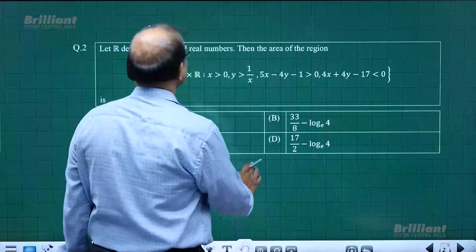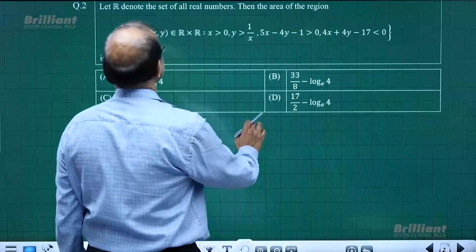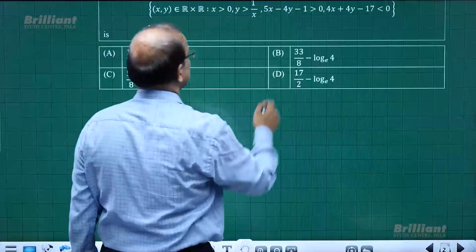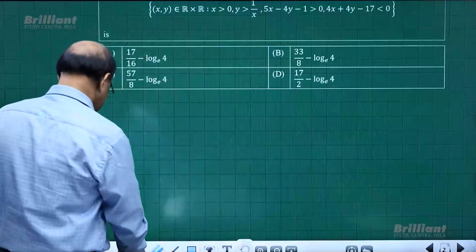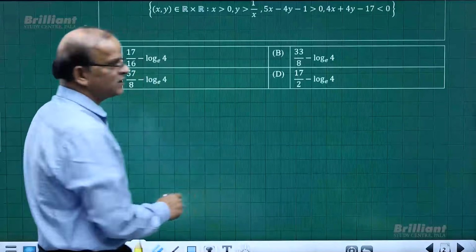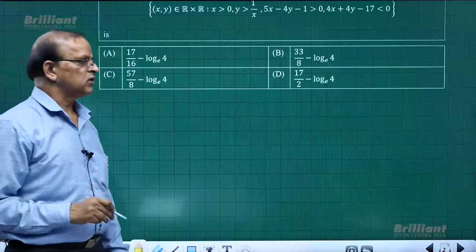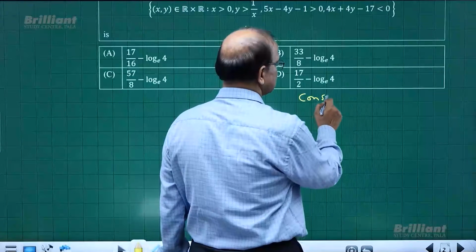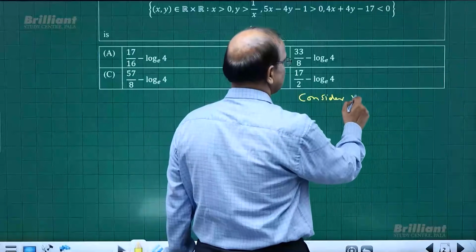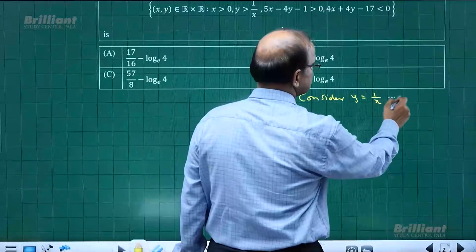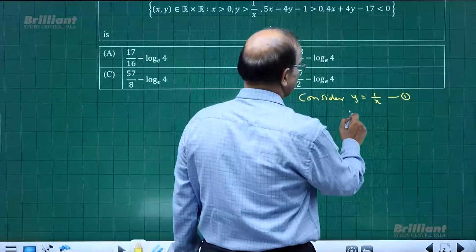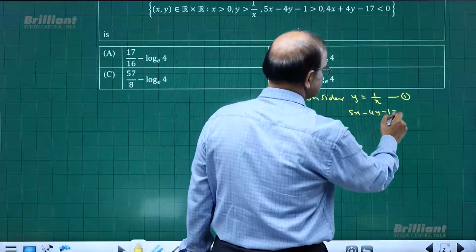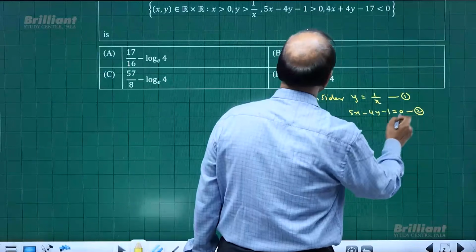Now, here, what is that? R denotes the real number, the area of the region bounded by this and this. For this, we will consider the equal sign to draw the curves. So consider y is equal to 1 by x, equation 1, 5x minus 4y minus 1 equals 0, equation 2.